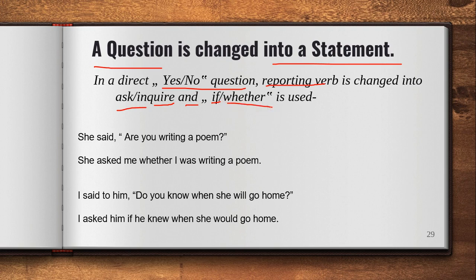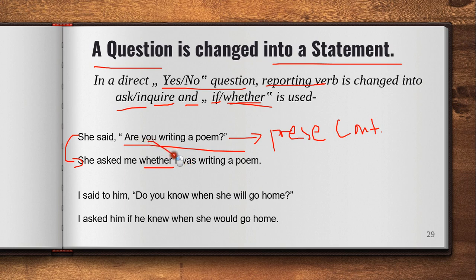Example, let's take a look. She said, "Are you writing a poem?" We can see that this is present continuous tense. For the indirect speech, we can say she asked me whether I was writing a poem.